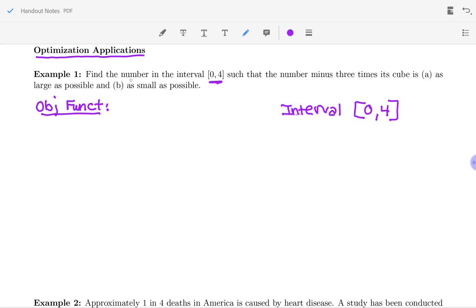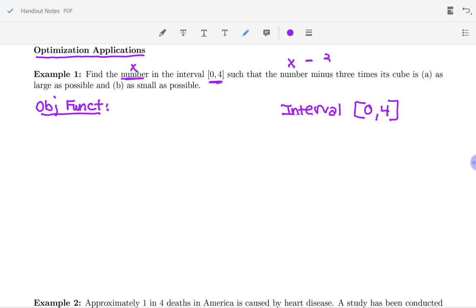So I'm going to find the number. I'm not told what the number is, so I'm just going to call it x, something we're used to having to find. So I want to find the number, which I'm going to call x, such that that number, I'll replace that number with an x, minus, well, what's the operation for minus? That's subtraction. That number minus 3 times its cube.